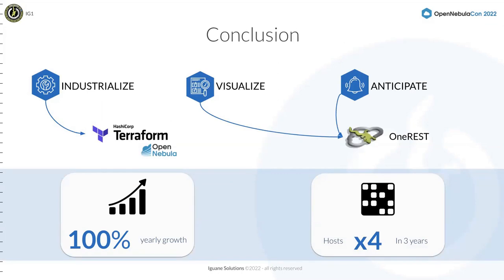And OpenNebula helped us a lot to develop this new product created in 2018. Every year, we doubled the capacity of our cluster, and we started with 10 nodes at the beginning of 2019. And we now have 4 times more nodes in production.